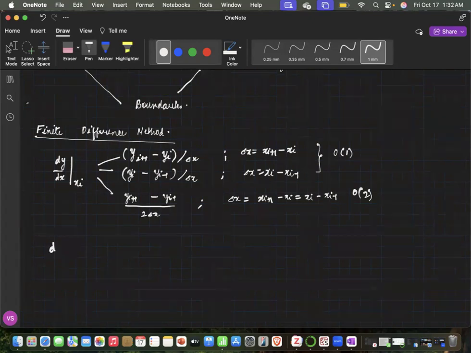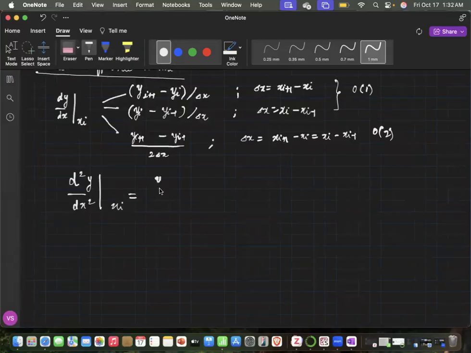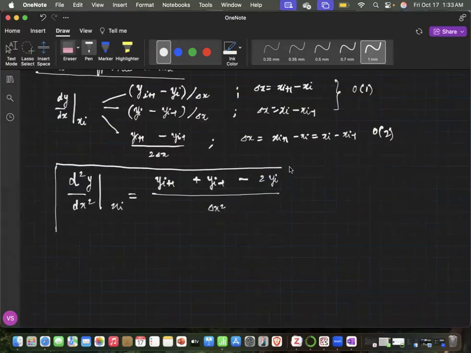So the double derivative at a given point, the formula that we'll be using is, okay, upon delta x squared. Okay, so that is what we use for double derivative.